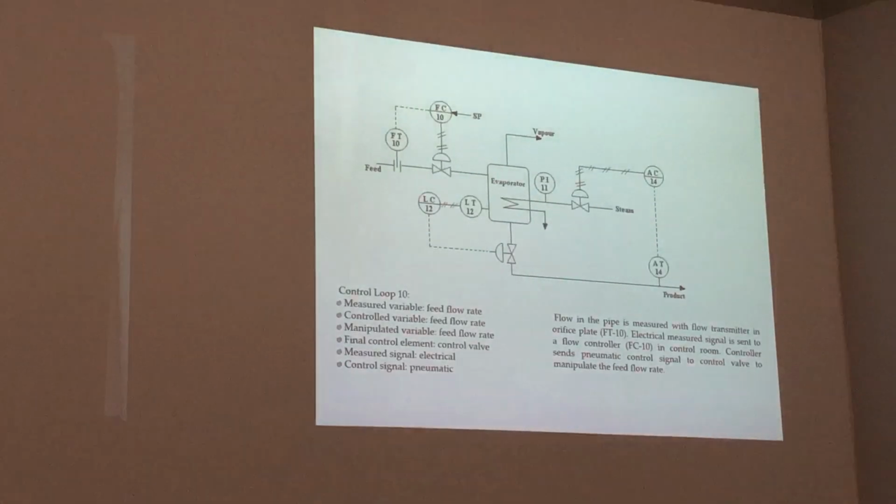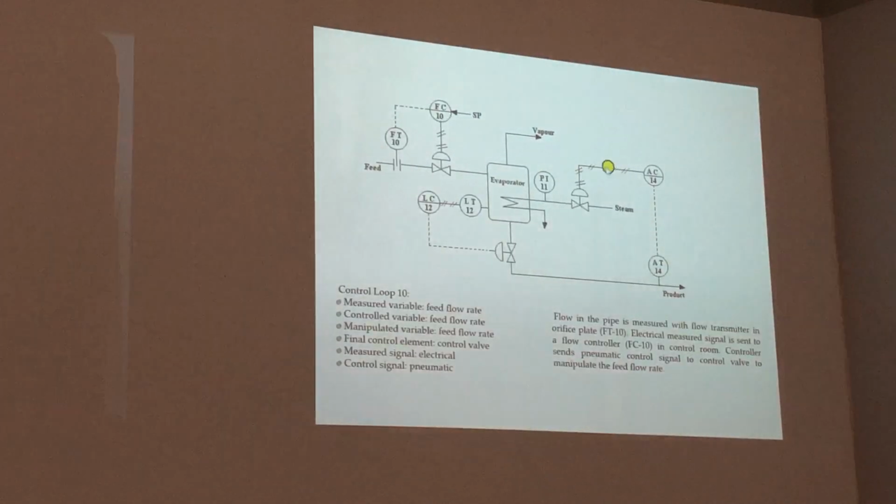So the manipulated variable for loop 14 is the steam flow. And what about the final control element? The control valve, right? And then the measure signal is dotted, which is electrical, and the control signal is pneumatic. Okay? This is how we do this type of question.